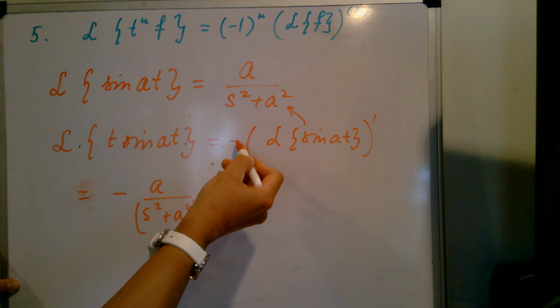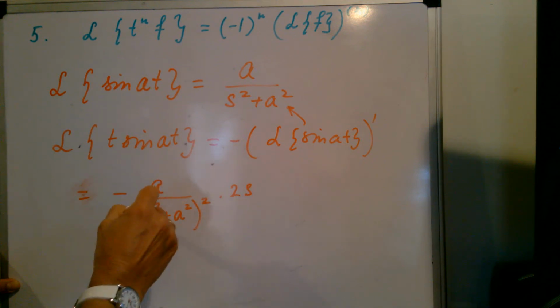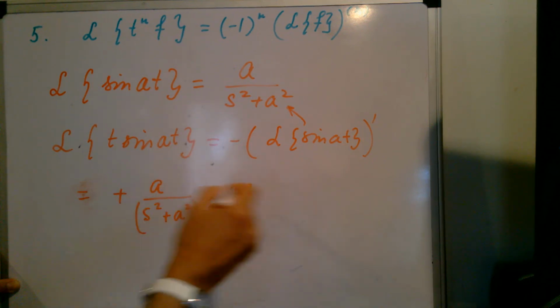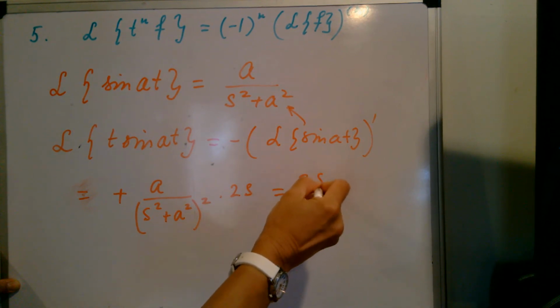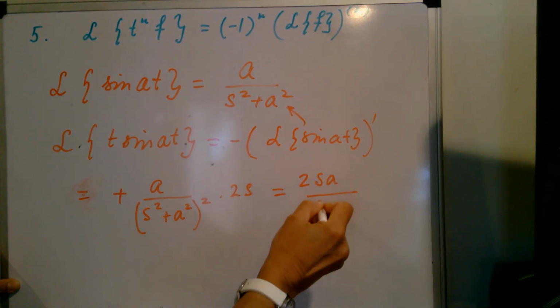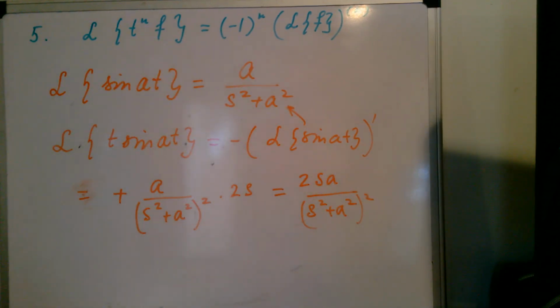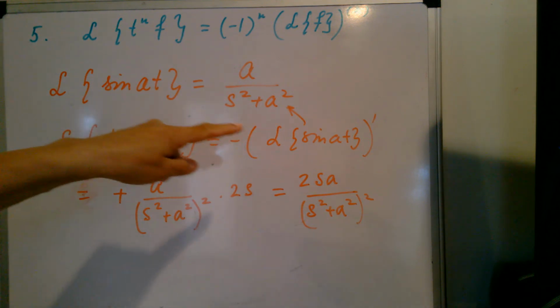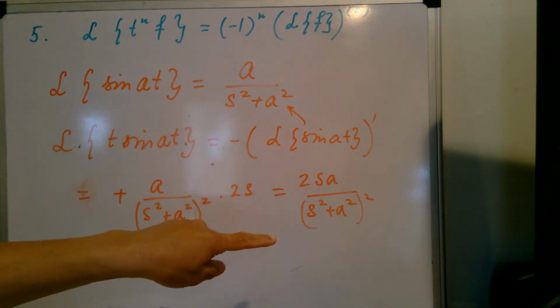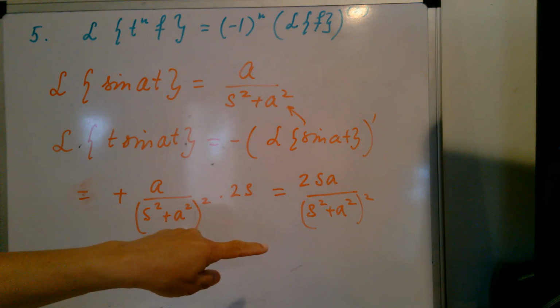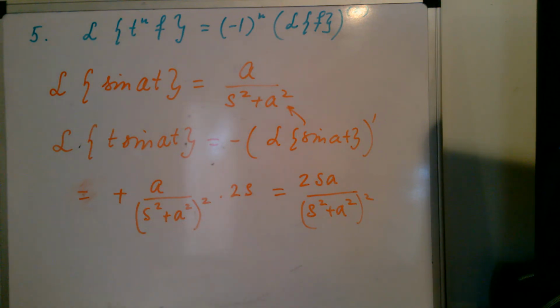Because I had a minus in front, this minus from differentiation is going to turn it into plus. I'm going to get 2sa over s squared plus a squared, squared. And I got the Laplace transform for a totally different function, t sine, knowing just the Laplace transform of sine. If you need t squared here, you will need to differentiate this 2 times. It's not going to be easy, but it's better than finding it by integration by parts.